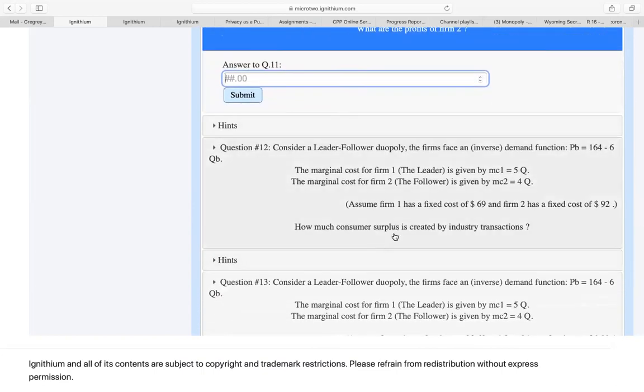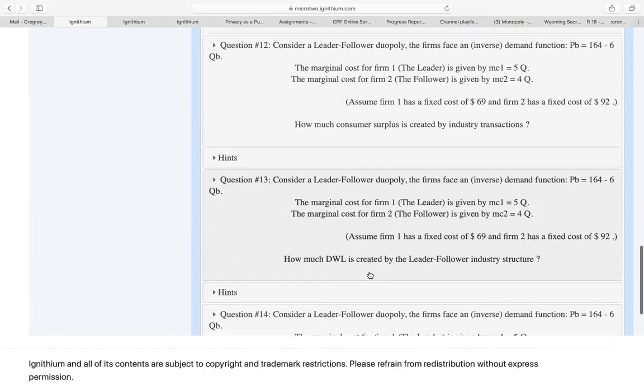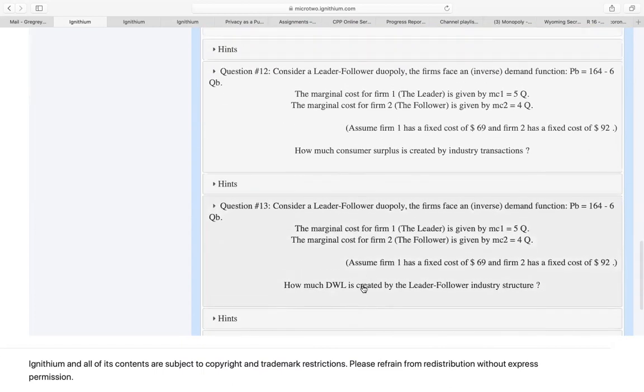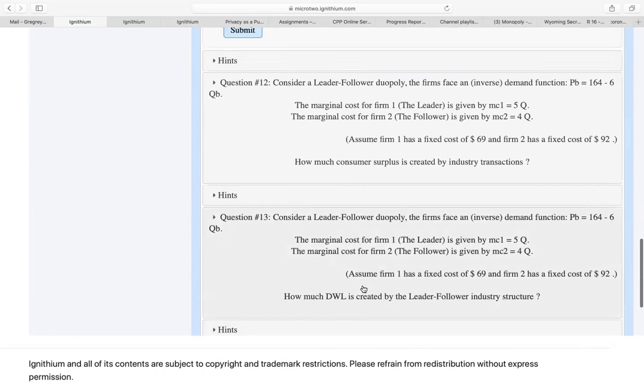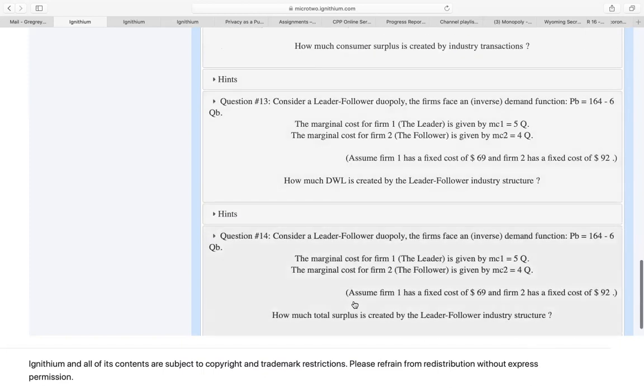Again, how much consumer surplus is created and how much deadweight loss, okay? So remember, again, that for the deadweight loss, we have to look at the difference between the total surplus under competition. And so that's implicit in this problem, that we would have to calculate the deadweight loss from competition also.